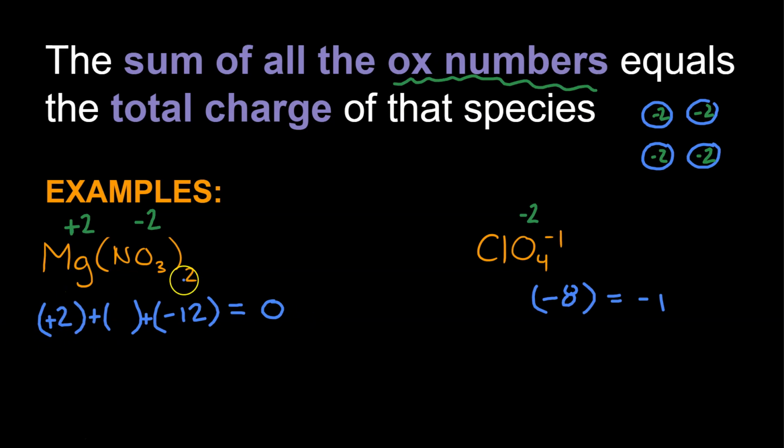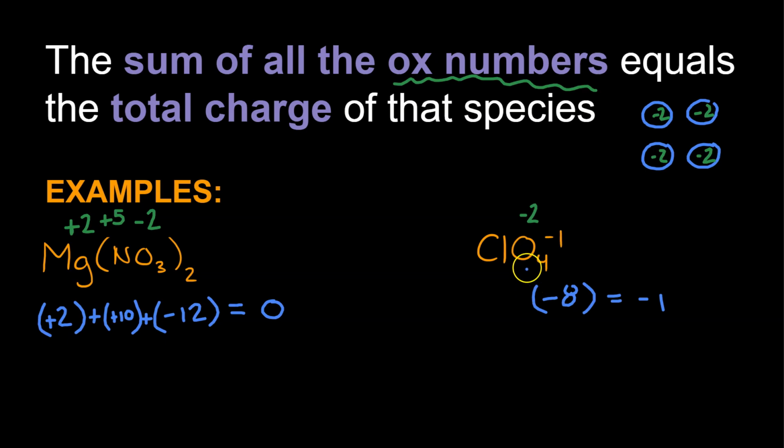So a +2 and a -12 would require nitrogen to be a +10 total charge in order for this whole thing to be 0. And then the last part is remembering that that +10 total is split between 2 different nitrogen atoms. Remember, there's a little subscript 2 here, which means there are 2 N's. So each individual nitrogen would be a +5 to give me that total of +10. And now I know all the oxidation numbers: +2, +5, and -2.